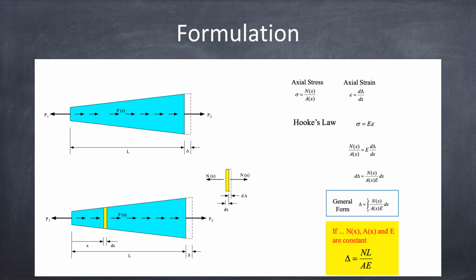The change in length is equal to the axial force times the length, divided by the cross-sectional area and the modulus of elasticity. Again, N is the axial force, not the applied force. A is not the area you see in the front. A is the cross-sectional area, which means you have to look into the side to see it. Okay, so that's the equation we use in general.